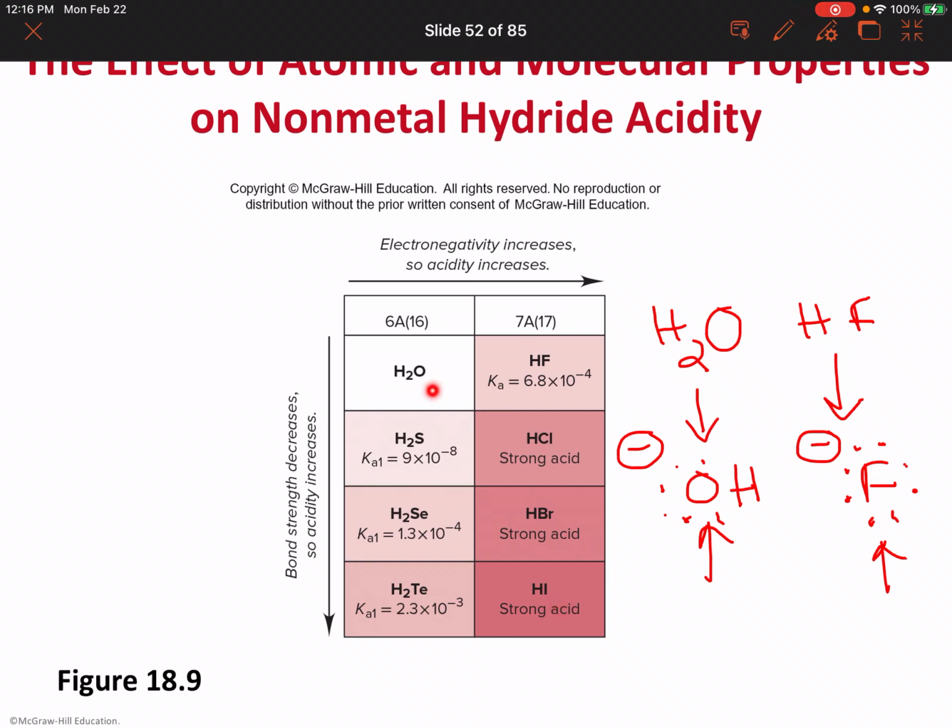But compared to oxygen, yes, because fluorine is electronegative. But as you go down the group, we are comparing the strength down the group. Since this is a small atom and the others are getting bigger, it is easier for the hydrogen to give away compared to HF. Okay, that is the acid strength of non-metal hydrides.